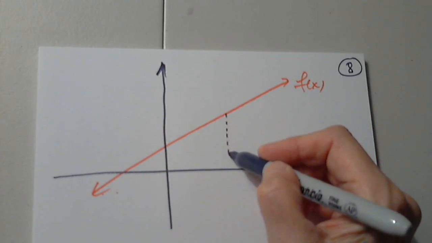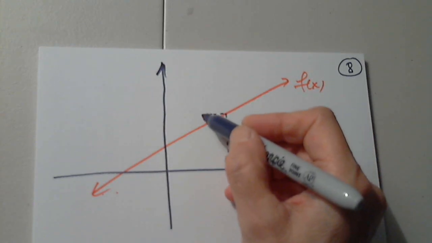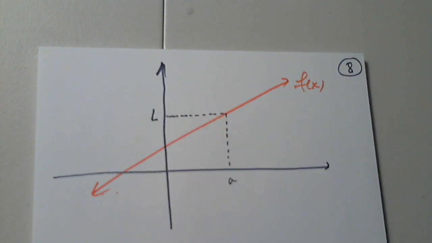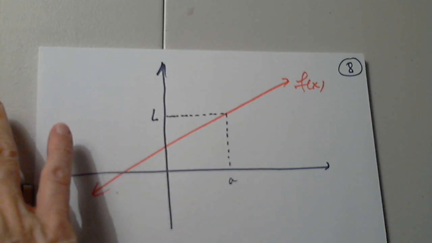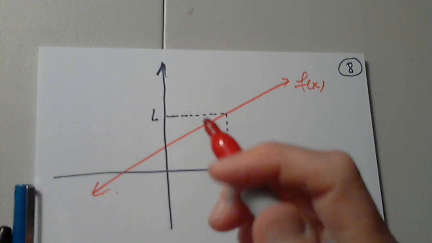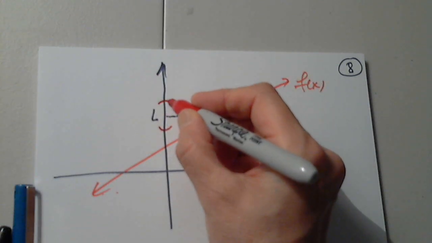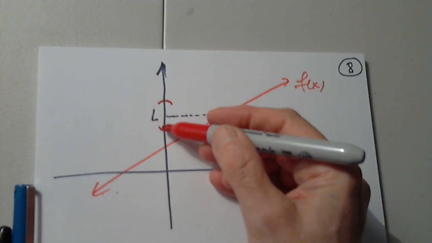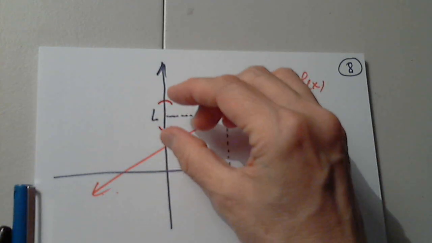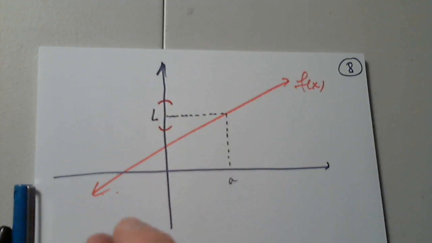Here's A. Here's L. Okay, so I need more colors. So for every epsilon near L, when we say small epsilon, positive, small, we mean small, tiny.